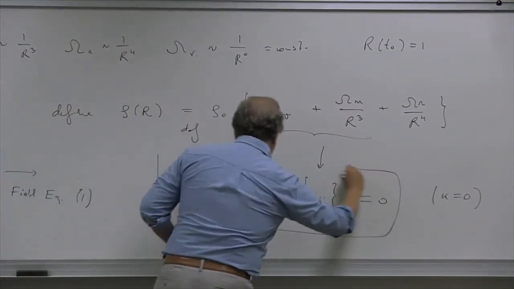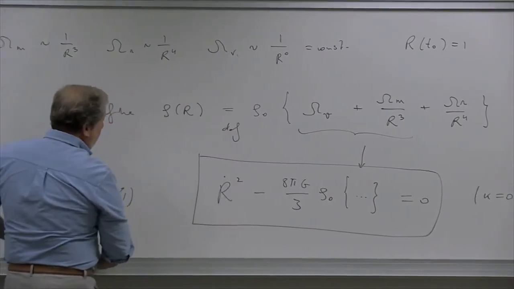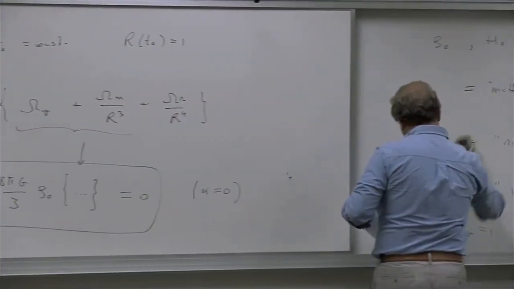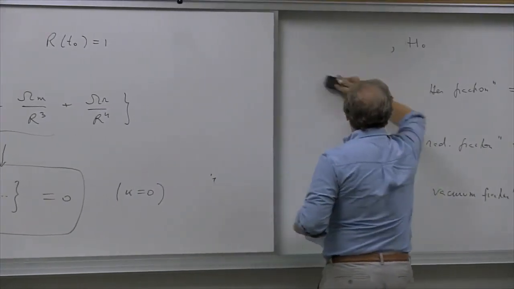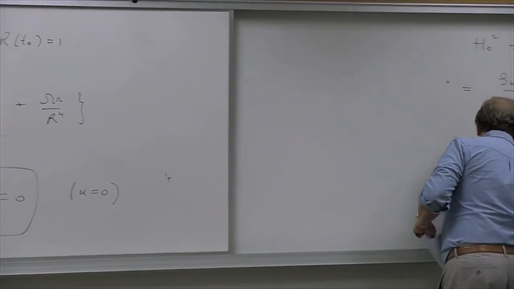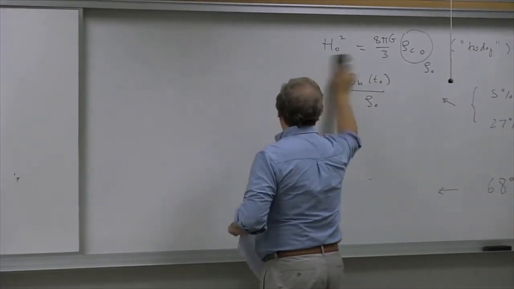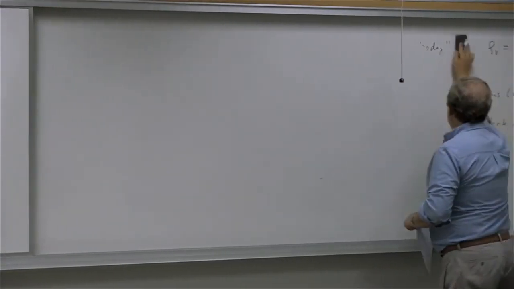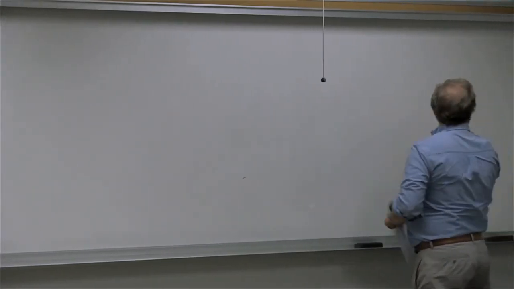So you can write it in this form. And the reason why you want to write it in this form with this rho of r is because it looks like a potential. That is, we can rewrite it.